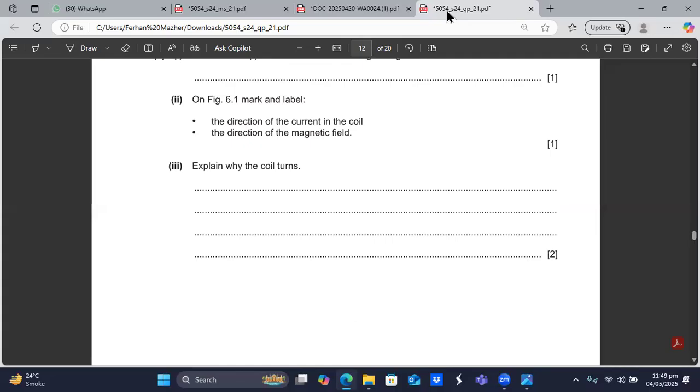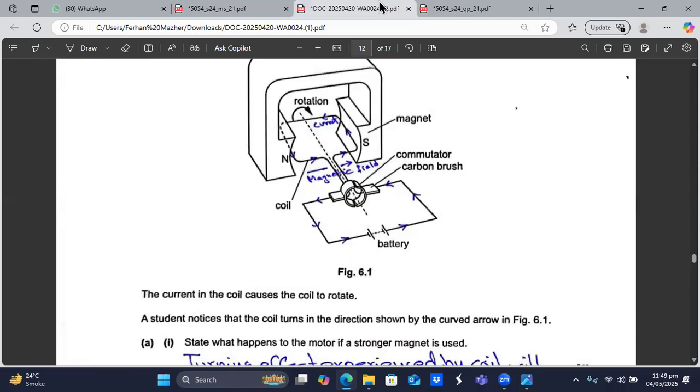So it will experience a force, which will be perpendicular to both the current and the magnetic field. We call this the motor effect. The direction of that force can be found by using the left hand rule. And so that coil will turn.